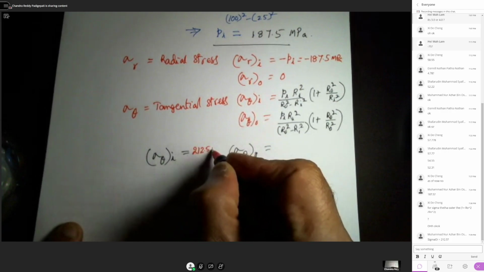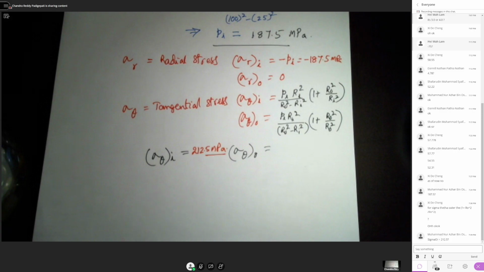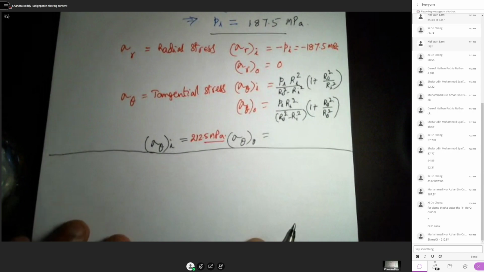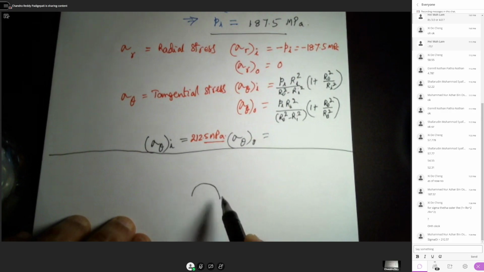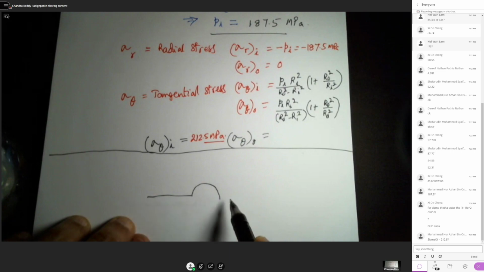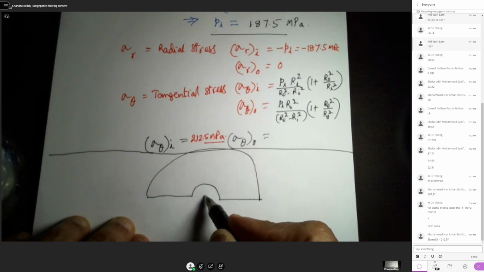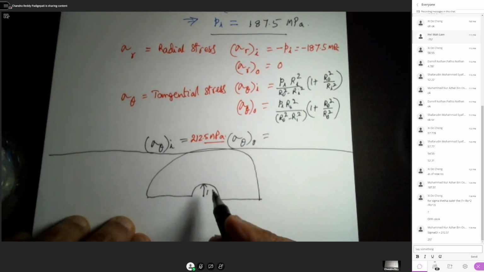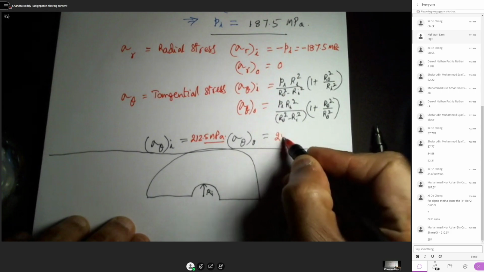So 212.5 megapascals at the inner radius. And at the outer radius, that's correct, so you will get 25 megapascals.